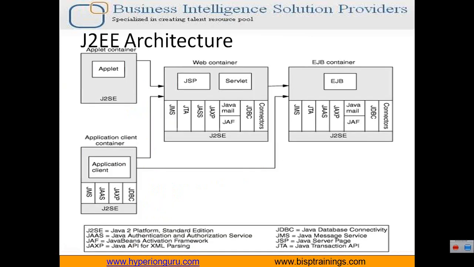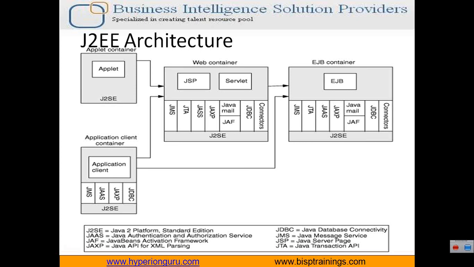And if we look at the J2EE architecture, we will have a different set of components. Across the J2EE architecture, we will have applets as part of the Java technology, and application clients like JDBC, JAX, JAS, JMS. Those kinds of clients will be there, and we will have web containers.